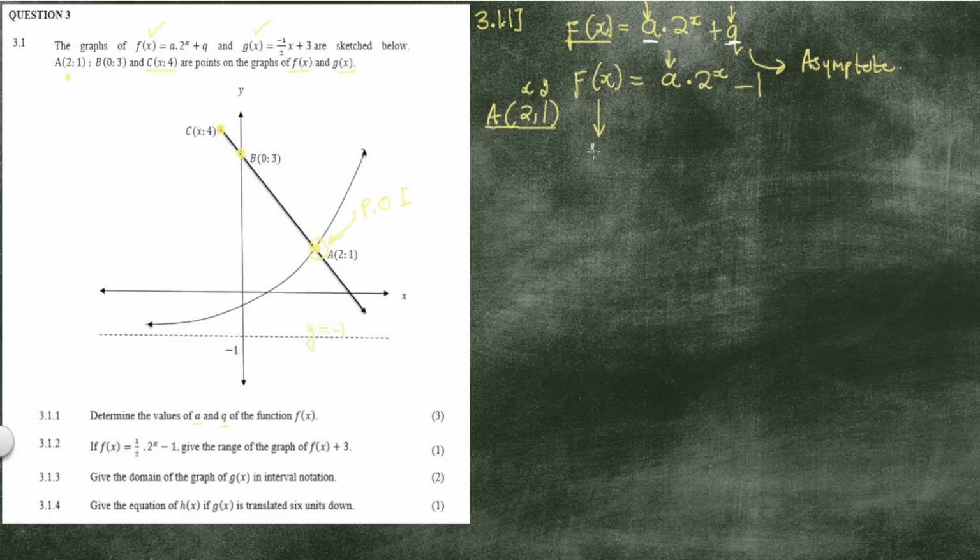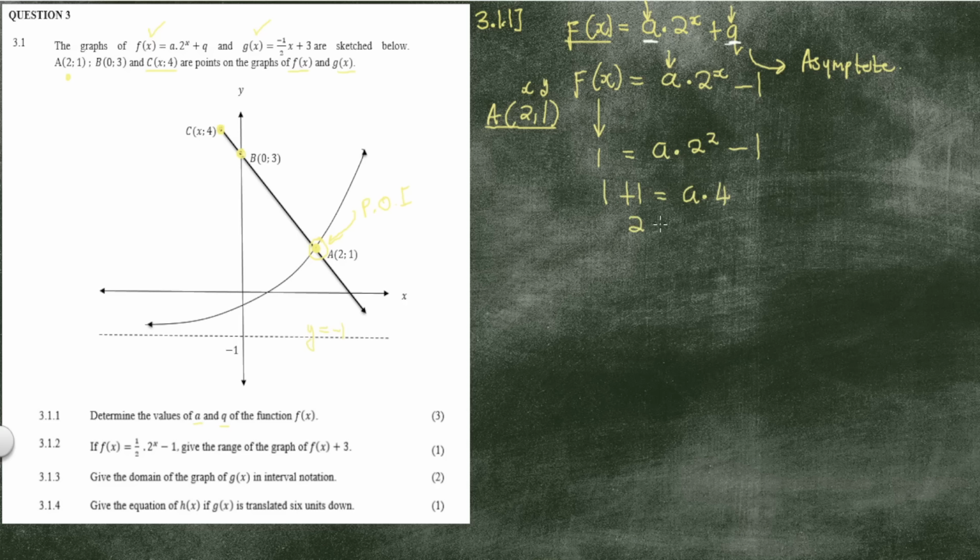So y, it's 1, equal to a, we don't know, that's what we are looking for. Then x is going to be 2, then minus 1 on this side. So we have 1, transpose the 1 to the other side, it's a plus 1, equal to a multiplied by 4.